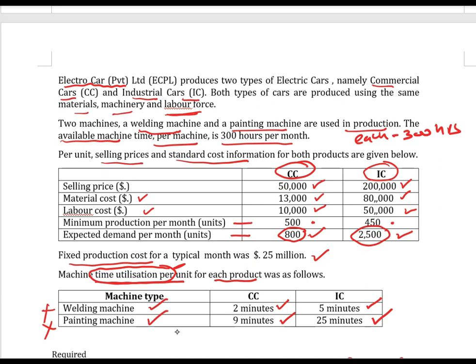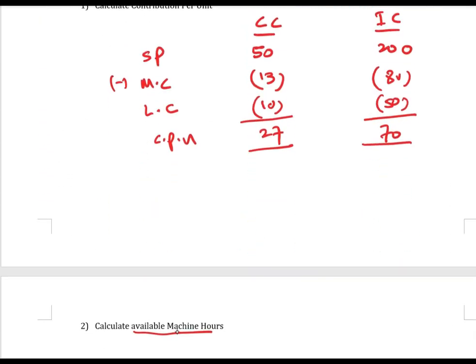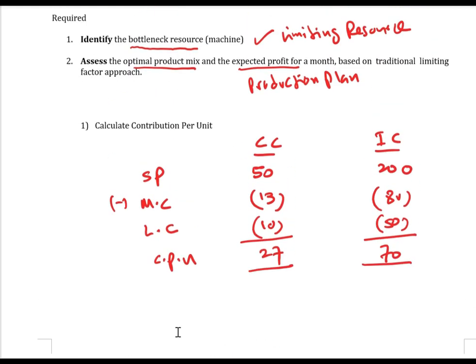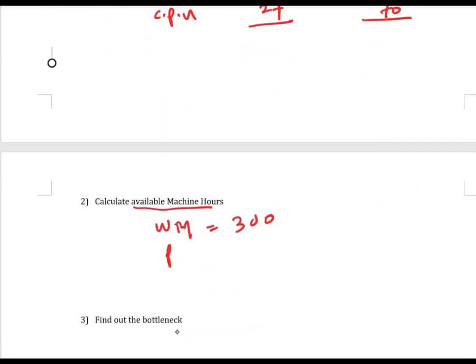The available machine time per machine is 300 hours per month. So how much is that? Welding machine has 300 hours and the other machine is the painting machine. Welding machine 300, painting machine 300 hours.